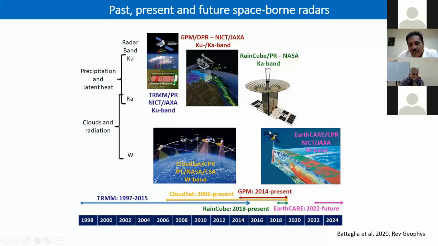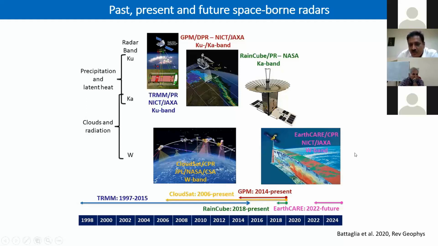Experimentally, they have successfully proven the technology. They have made several technological advances with this radar. This is on a demonstration satellite, but it is still operating after the last 1.5 or 2 years. The success of this mission has paved the way to future spaceborne radars.